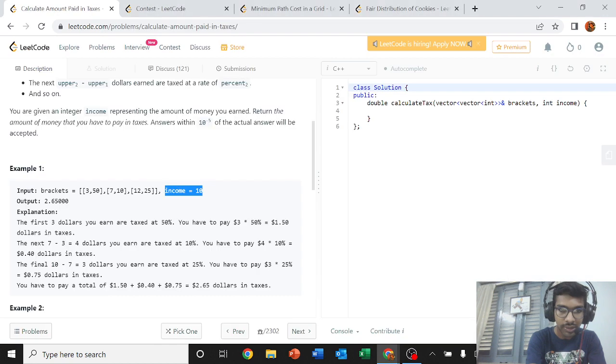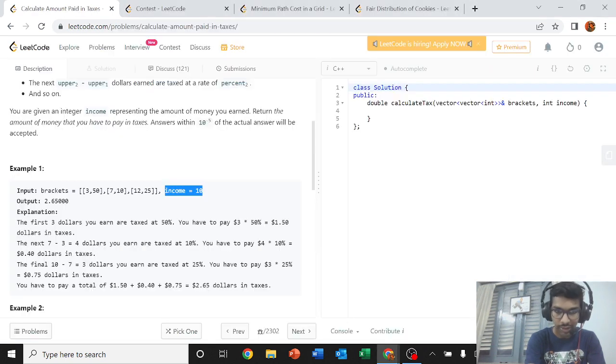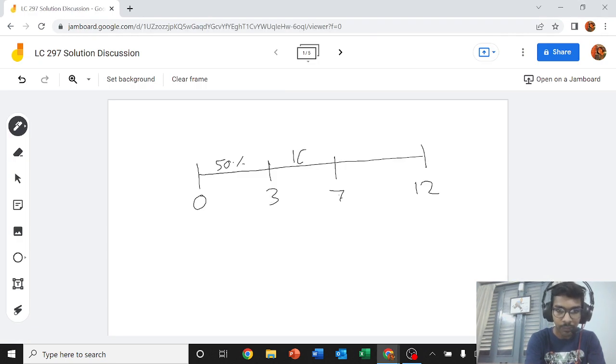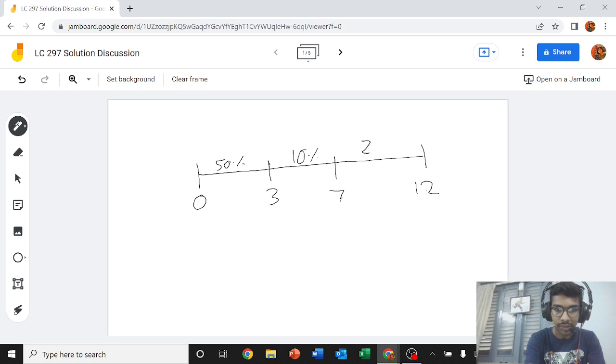What this means is that up till the amount 3, we need to pay tax at a rate of 50%. Up till the amount 7, that means 3 to 7, we pay the tax at a rate of 10%. And up till the amount 12, we pay the tax at 25%. So this is what the problem means.